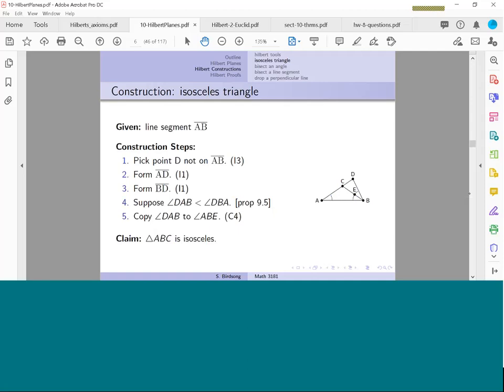Now, here's the things we know. We know that the angles A and the copied angle ABE, or if you prefer ABC, are congruent to each other. And if you have these two angles, or any two angles of a triangle, congruent to each other, anybody remember what that means?